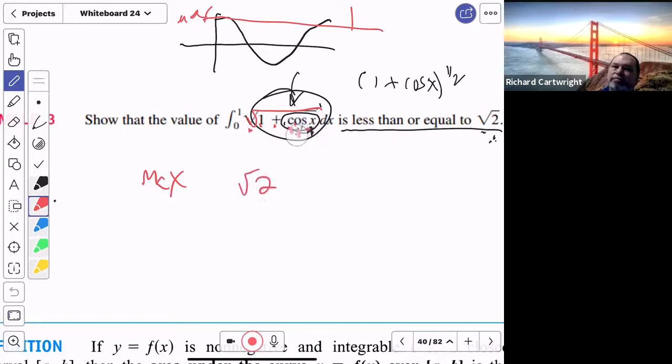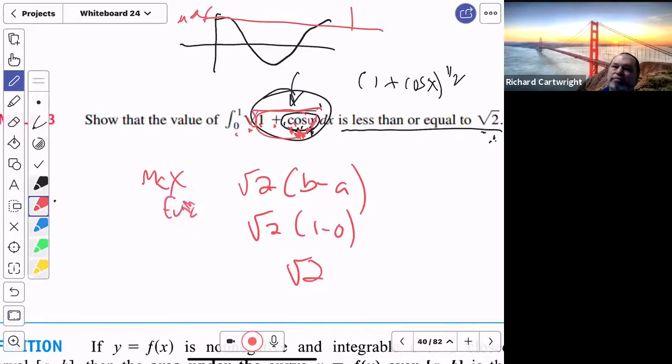That function can't be any bigger than the square root of 2, so it's the square root of 2 times b minus a, which is the square root of 2 times 1 minus 0, which is the square root of 2. That is the max. There's your maximum functional value times b minus a. That's the maximum that function could be.